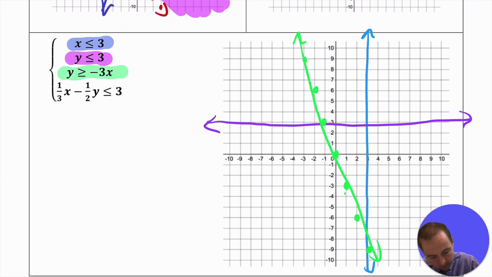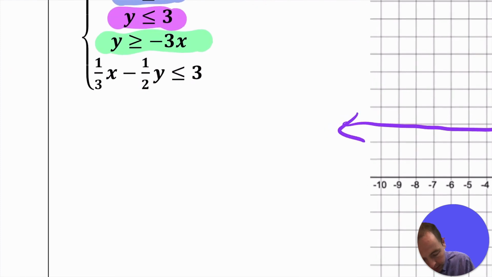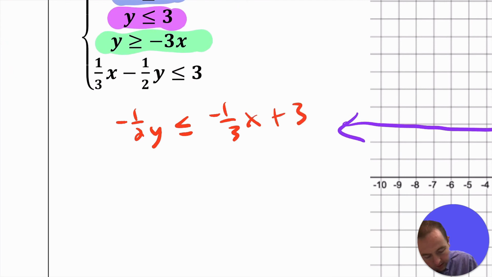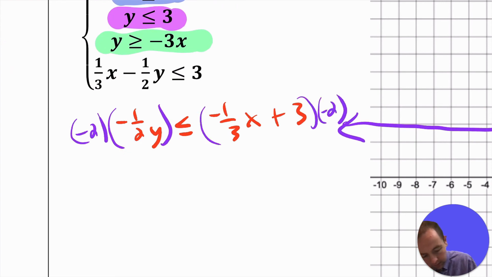And then last of all, we'll have to do a little bit of solving with this last one right here. So let's subtract the 1/3 x. Symbol stays the same. And then we'll multiply by negative 2 to get positive 1y alone. So we're going to end up with positive 1y. The symbol flips because we multiplied by a negative.